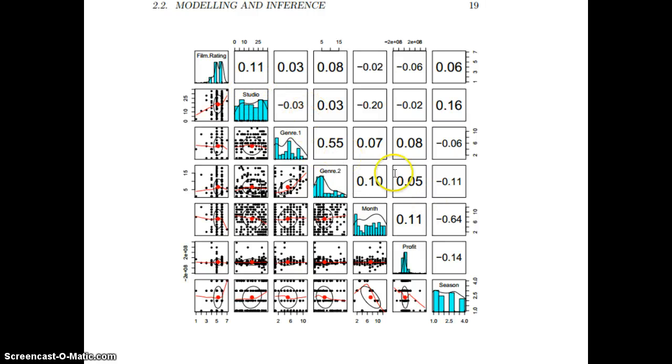So I started to create the models by comparing profit to all the categorical variables, and I found that the categorical variables that were the most correlated with profit were season, month, and genre.